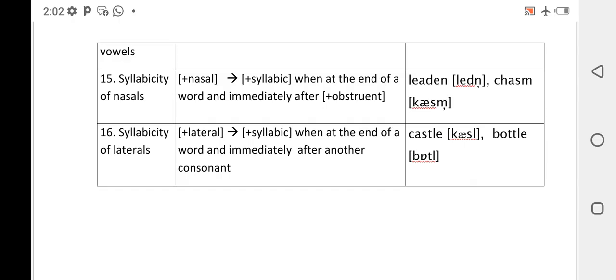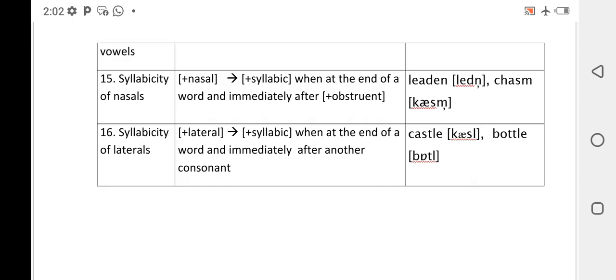Okay, it shows that n is a syllabic n and then m is a syllabic m. All right, so the nasal becomes syllabic when it is at the end of a word and immediately after an obstruent. The d is an obstruent because it is a plosive, the s is an obstruent because it is a fricative. So n, the nasal follows after it, so it becomes syllabic.